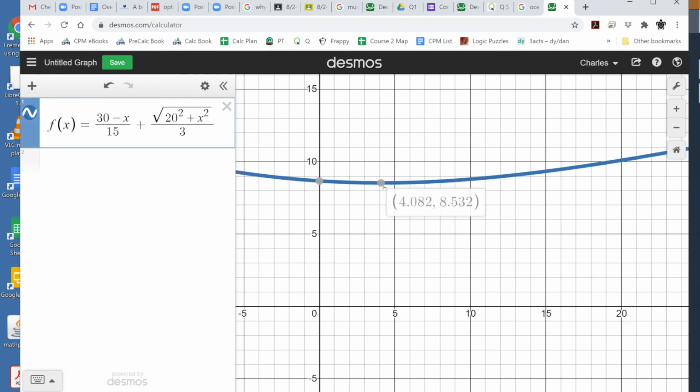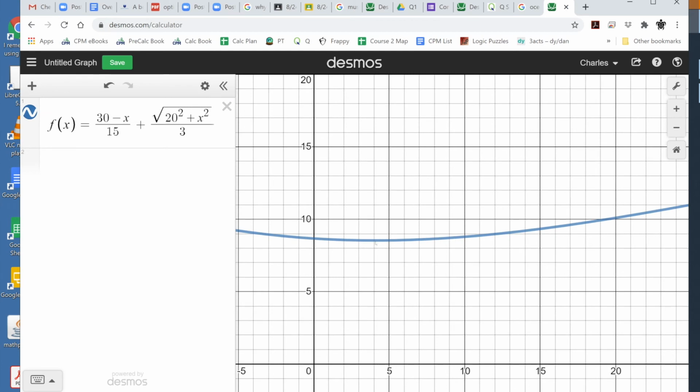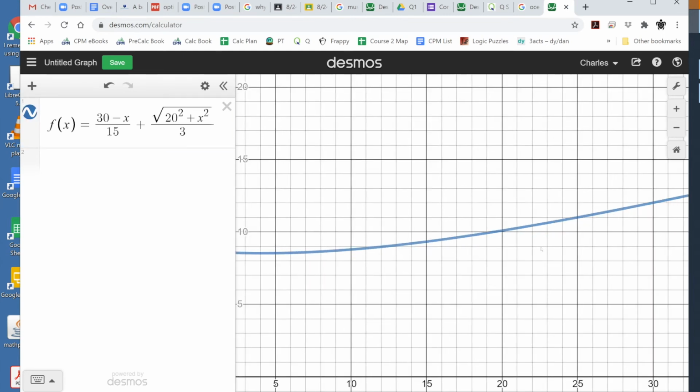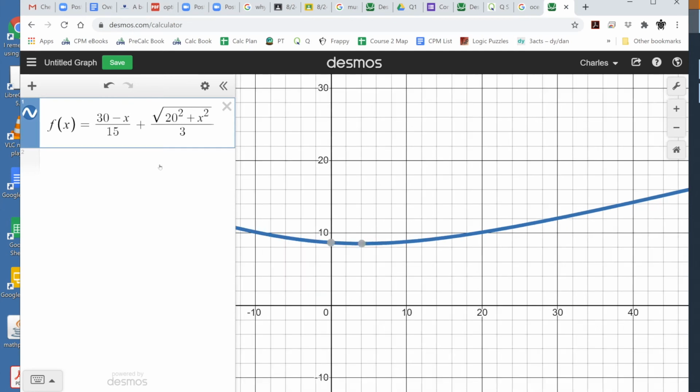What I'm looking for is the minimum. And in this case, it looks like the minimum is 4.082. And actually, we could put the points 0, comma, f of 0.